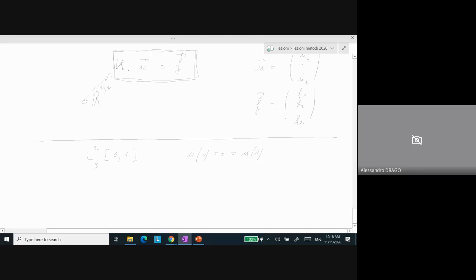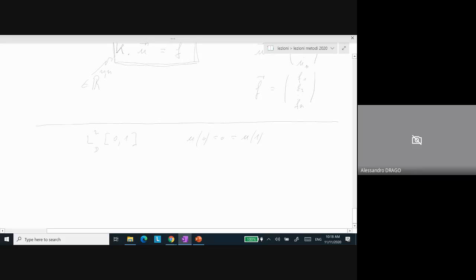Let me now introduce a finite dimensional basis, and this basis consists of sin(πx), sin(2πx), etc., up to sin(nπx).